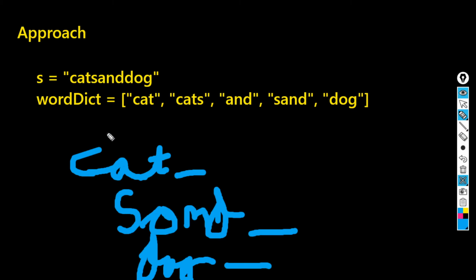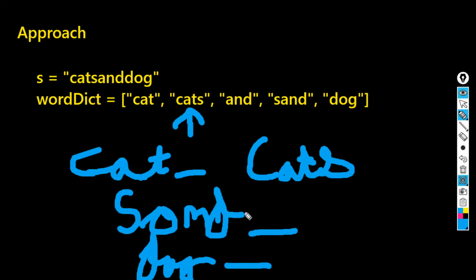Now when we got our answer here, after that also we'll continue the same thing. C A T. It does not stop at this condition. At this condition, if we found a word, we will not stop. We'll go further and try to find whether any more combination is there or not. So in this case cats is there, so we'll find it.